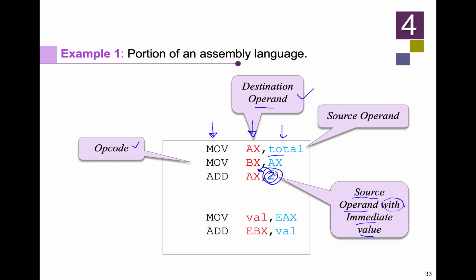You get this value and put it into your register. So it's called a source operand with immediate value. Later on you will see what this one is. Is it direct, or maybe immediate, or maybe a register? There are several. Later on you will see.